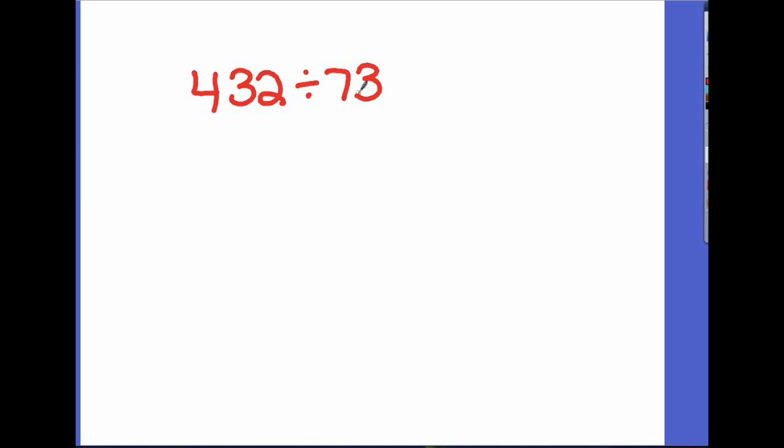It says you're going to estimate the quotient by rounding the equation to relate to a 1-digit fact. Then you're going to have to explain your thinking. So what's the first number you always have to round when you're estimating?